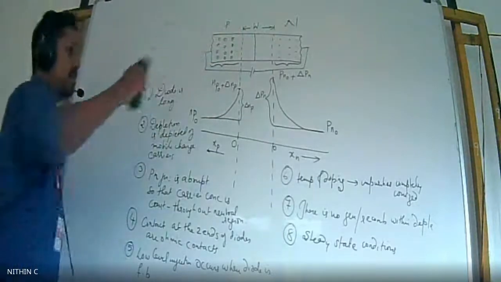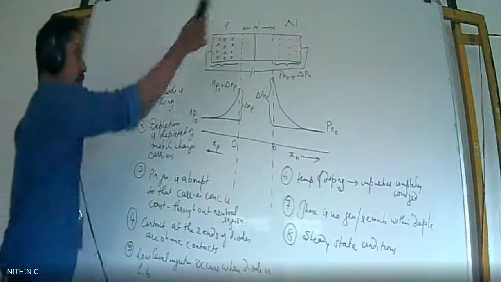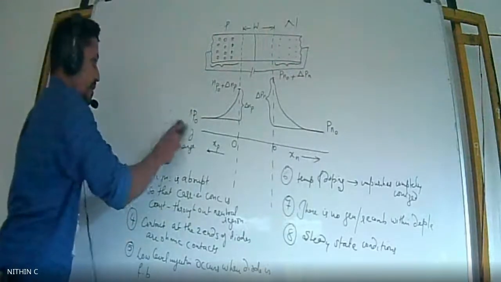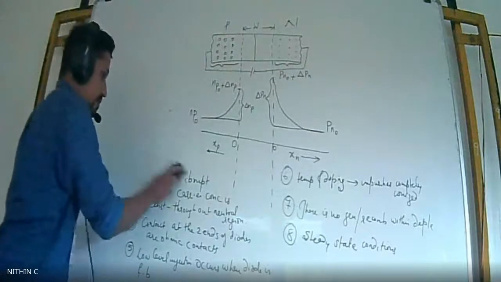So these are the assumptions that we take for the PN junction diode current equation.